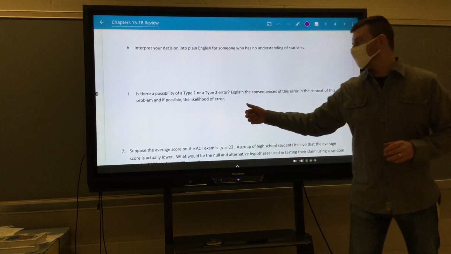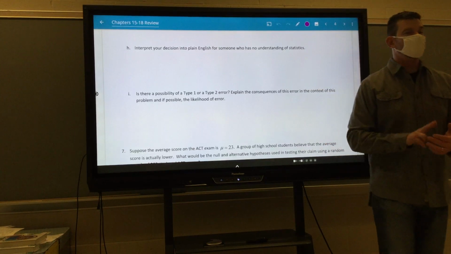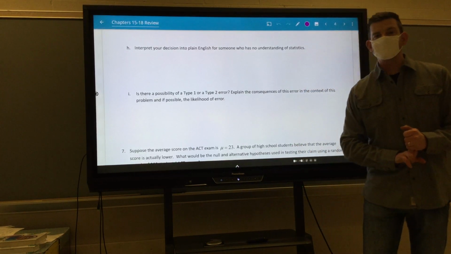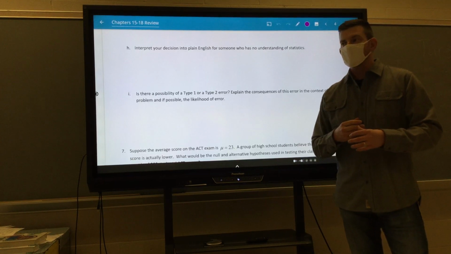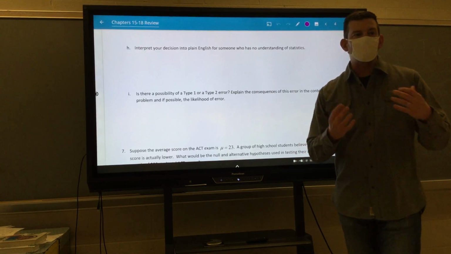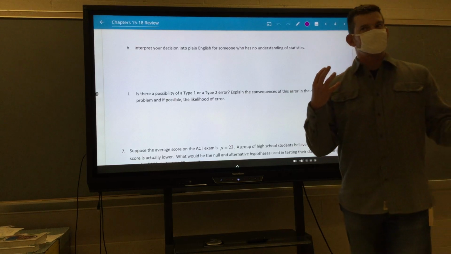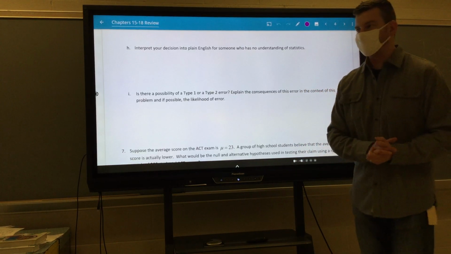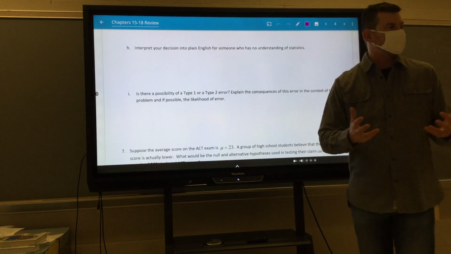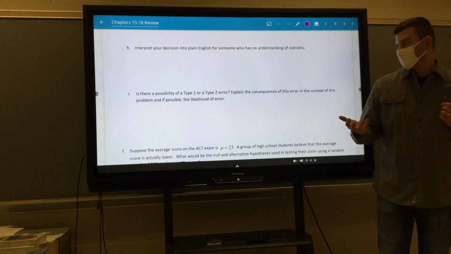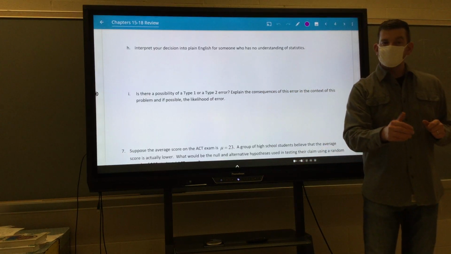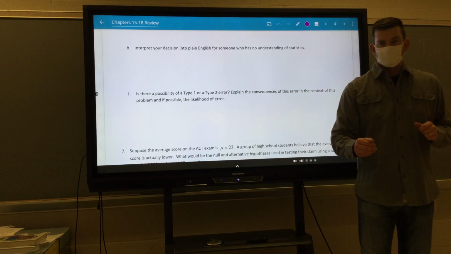Can we quantify the likelihood of this error? No. Not for a type 2 error. And that's what makes a type 2 error a little bit more challenging to determine, is that we don't know how common that is, because we don't know what part of the alternative hypothesis we're missing. A type 1 error, the probability of that is the p-value. Okay?